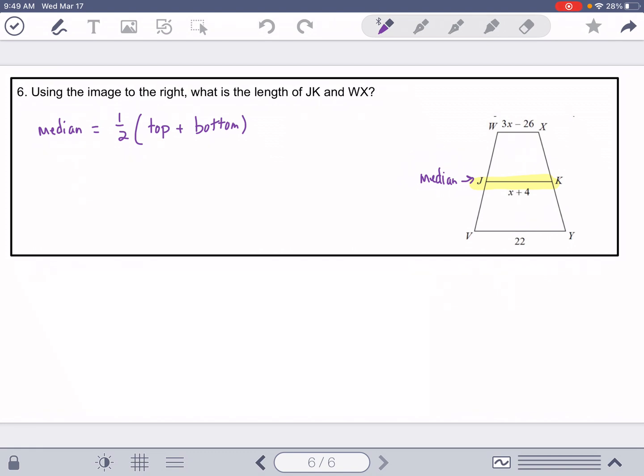So the median is JK in this problem, and it is x plus 4.